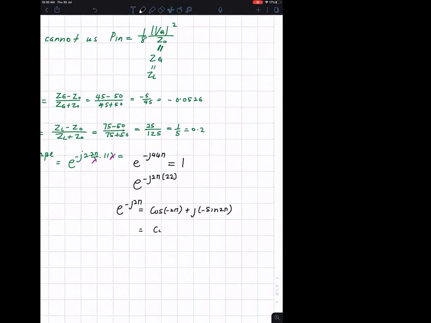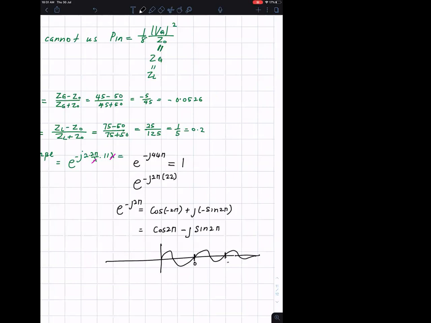So this is cosine 2 pi plus j minus sine 2 pi. Minus 2 pi or plus 2 pi is always 0. We draw a sine curve and you can see that at every multiple of 2 pi it is always 0.